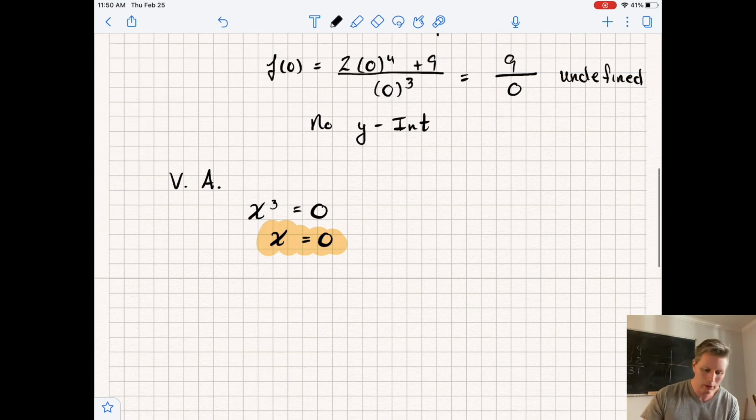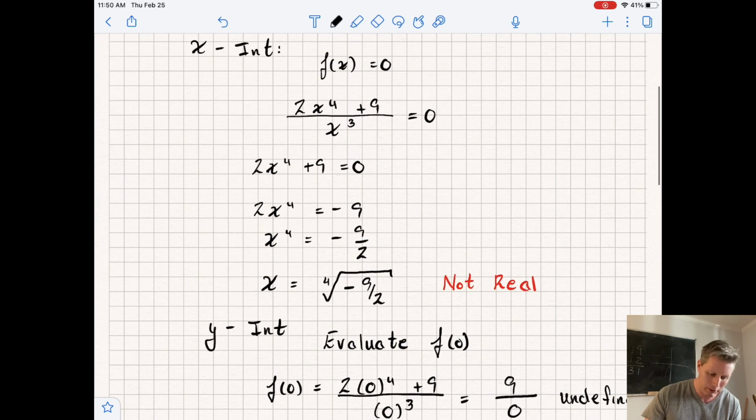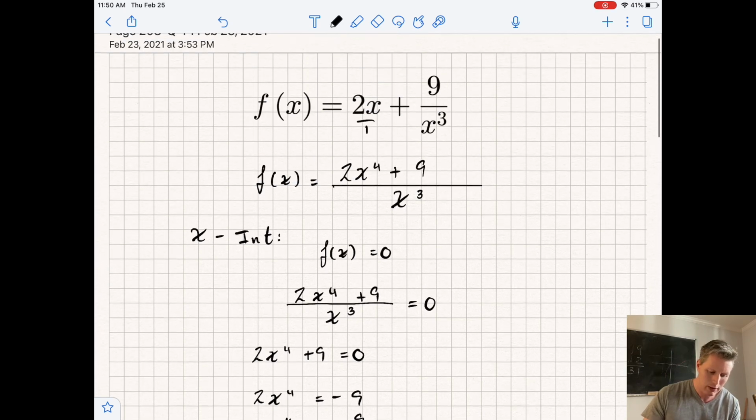Horizontal or oblique, well, I will have a look at my function again, and I'm going to consider the degree of the numerator and the degree of the denominator. If I look at f of x, it is 2x to the 4 plus 9 all over x cubed, and so the degree of the numerator is larger than the degree of the denominator. It's degree 4 in the numerator, degree 3 in the denominator.